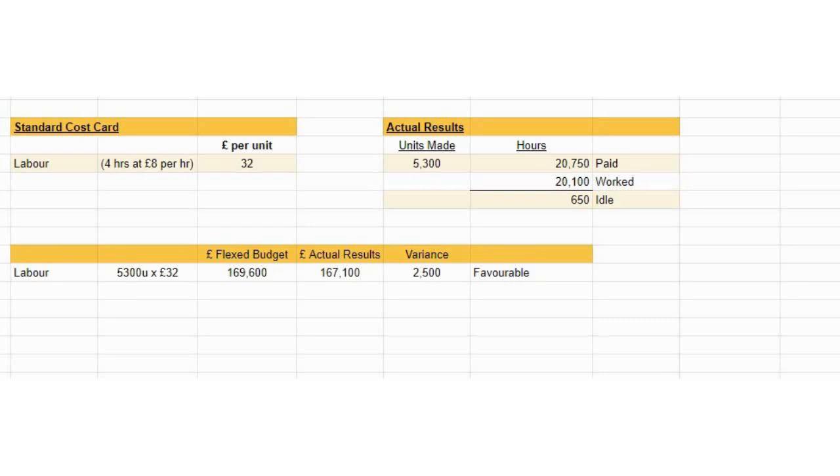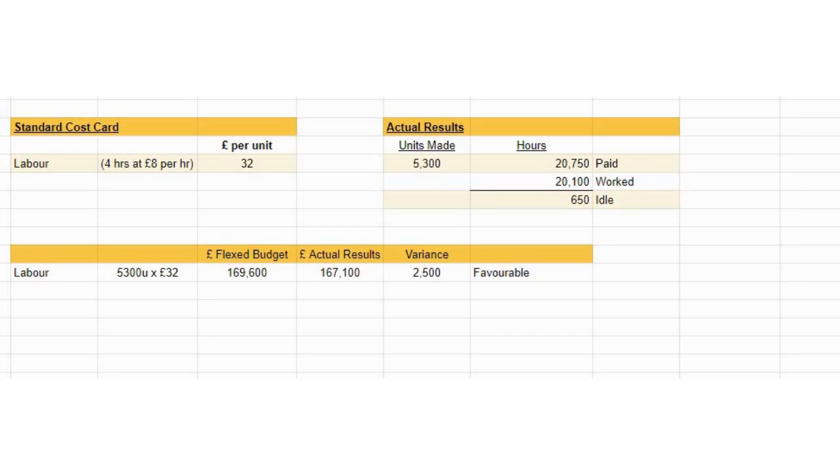The first variance is like materials price variance or materials expenditure variance. It's called the labour rate variance, and it looks at how much the company had to pay for the labour that it purchased.